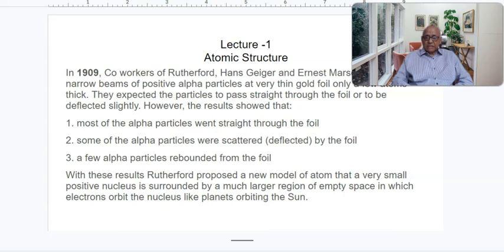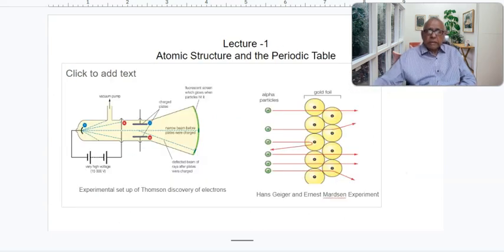They concluded that in an atom there should be protons as well as neutrons and electrons. You can see here the experiment designed by Thomson, and also the experiment designed by co-workers of Rutherford.